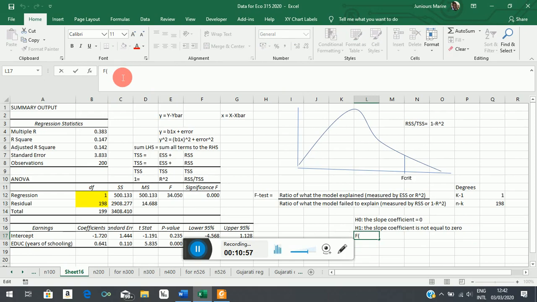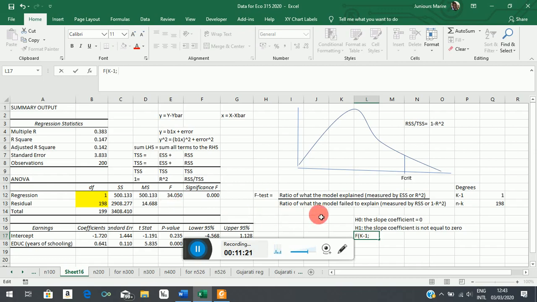distribution has the following parameters that are very important for finding the critical value that we will use to execute the test. So it has numerator degrees of freedom, which are k minus 1. That one we have there. This numerator is associated with the degrees of freedom.